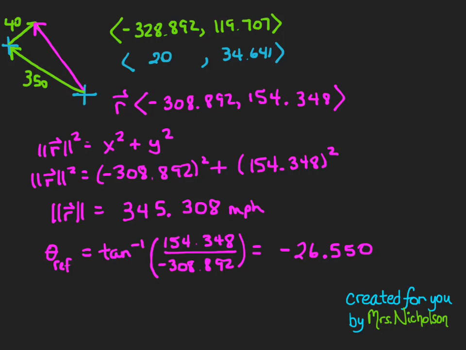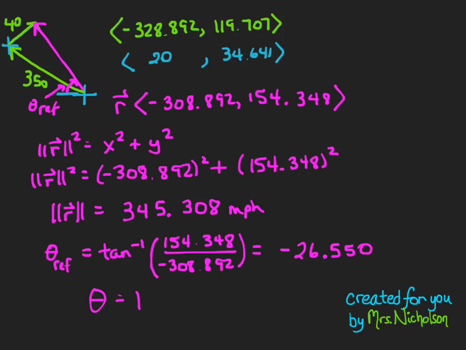But this 26 degrees that we got, that's actually representing this angle right here. That's our theta reference. That angle right there. And so to find my actual direction, what I need to do is add that negative 26 to 180. Whoops, sorry about that.